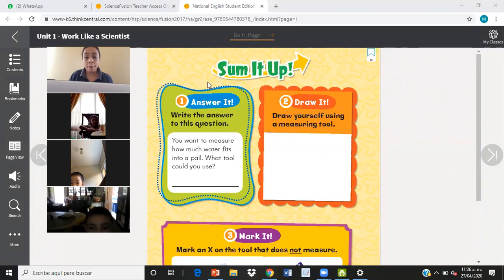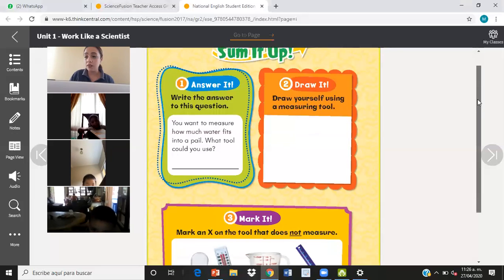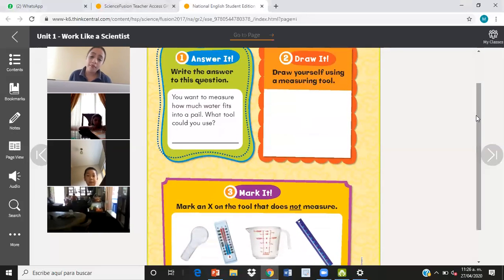Measuring cup. Now, on number 2, you will have to draw yourself using a measuring tool. Any measuring tool de las que acabamos de ver ahorita. For example, you may draw yourself using a ruler, using the measuring tape, using a thermometer.